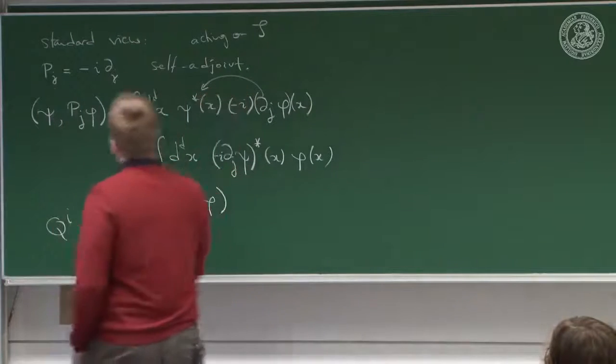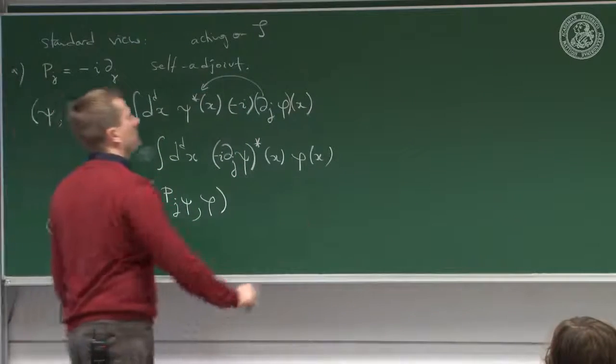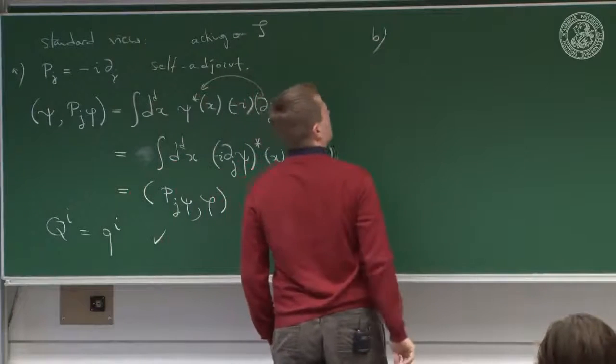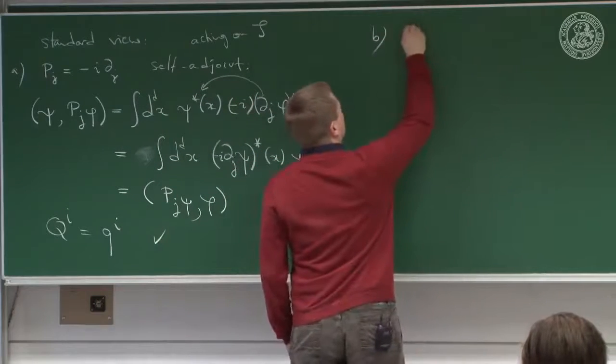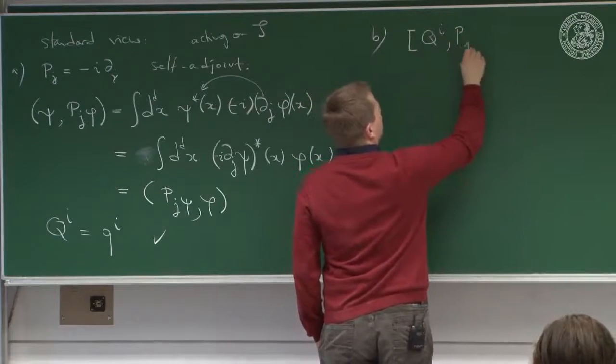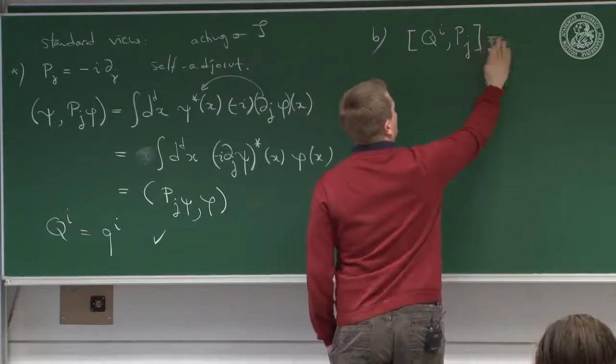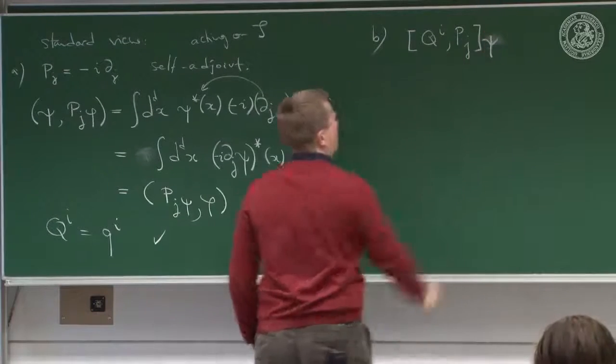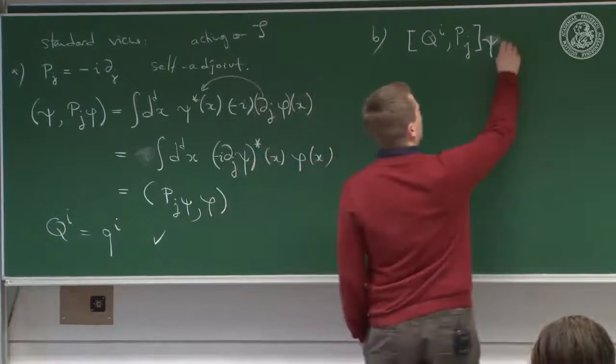The second thing we should check is the commutator. You take the Q_i with the P_j, and it's always clever to apply this to some function.